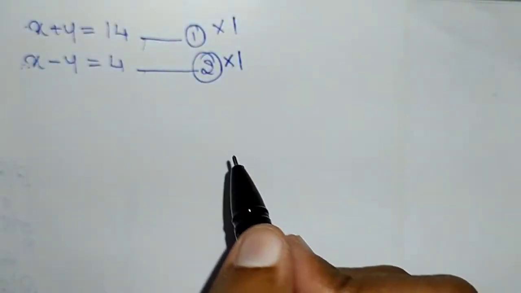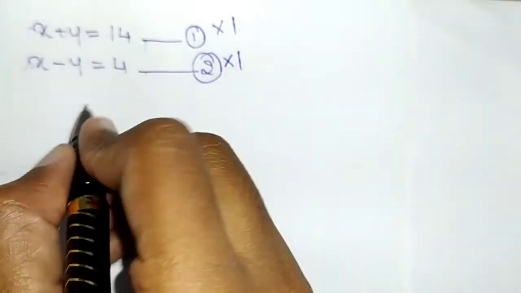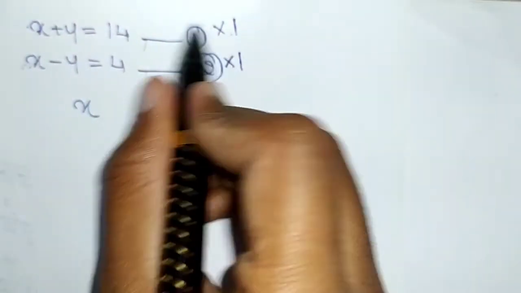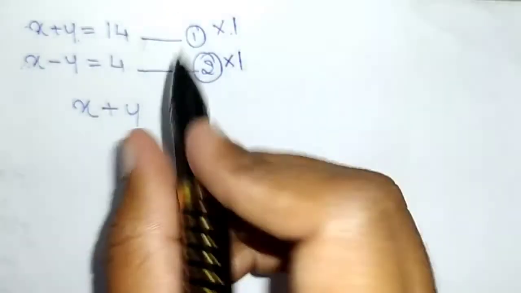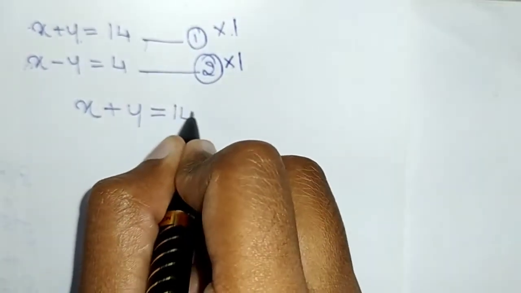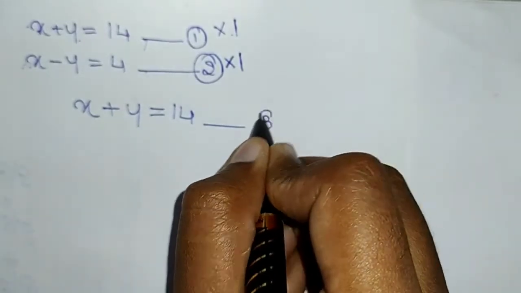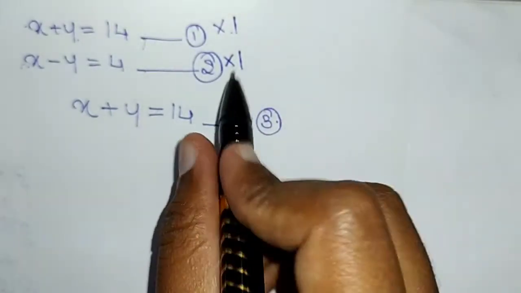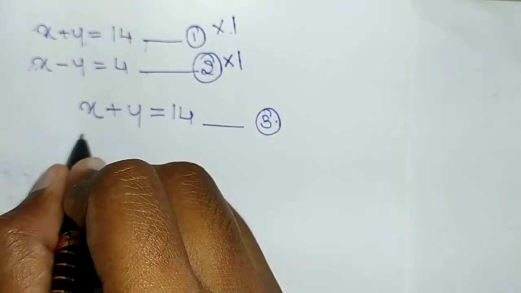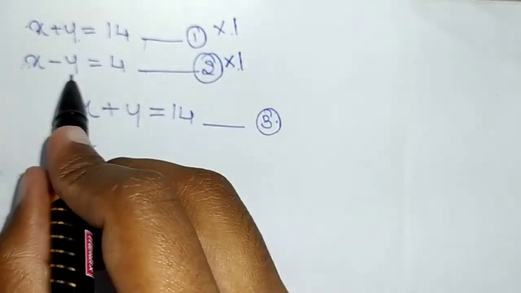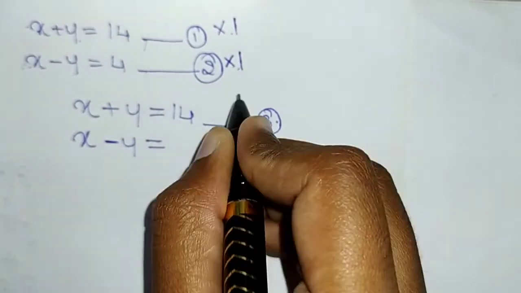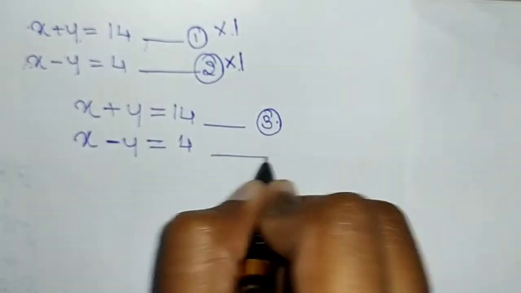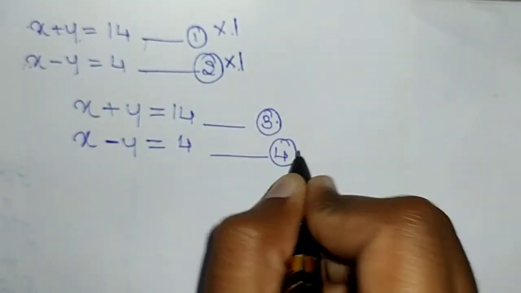So now rewrite the equations. 1 into x, x. 1 into y, plus y. 1 into 14 is equal to 14. This is equation 3. Similarly, 1 into x, x. 1 into minus y is minus y, is equal to 1 into 4, 4. This is our equation 4.